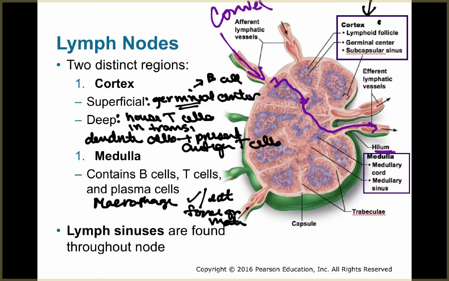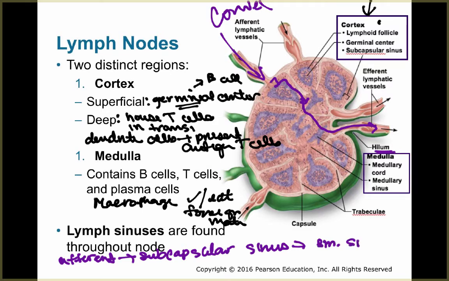So just a reminder, it goes through the afferent vessel to the subcapsular sinus, into smaller sinuses throughout the cortex and medulla, to the medullary sinuses.